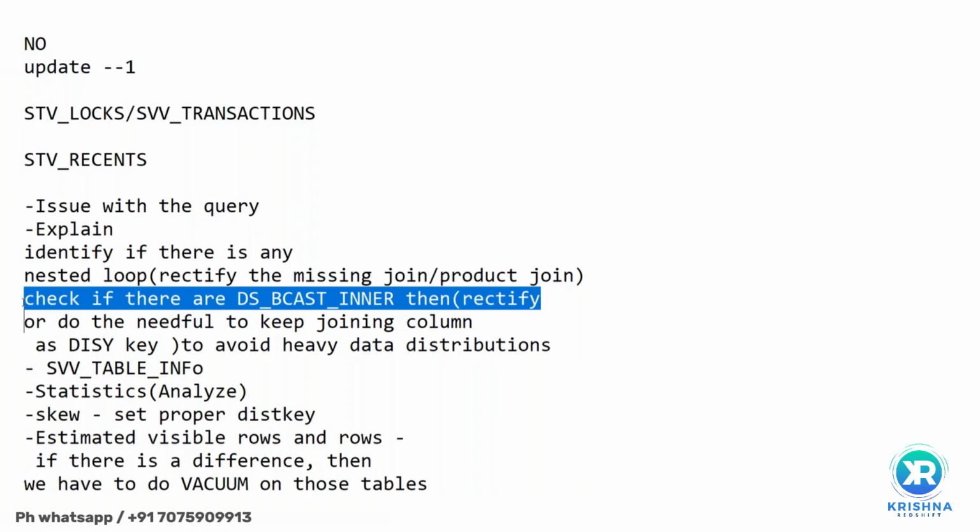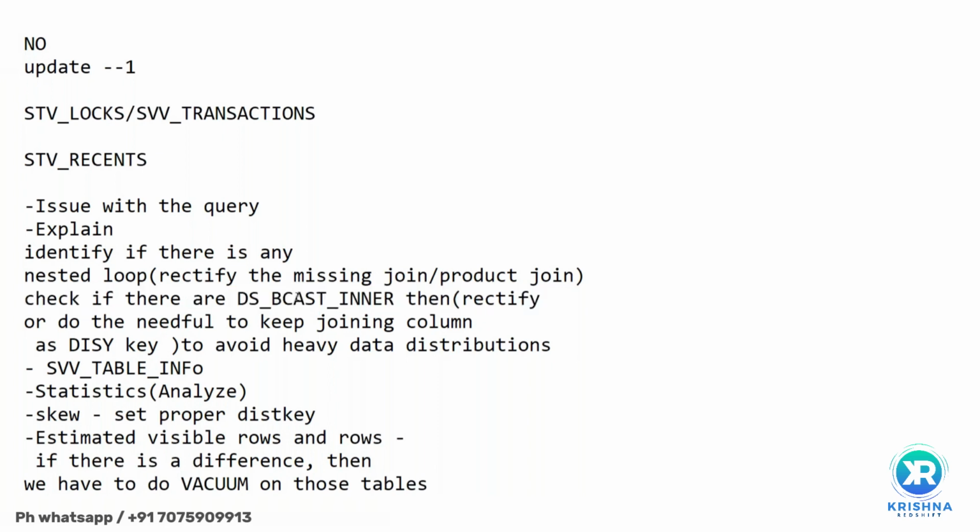It will try to broadcast to all the other slices. So whenever you see a broadcast, you have to look at the joining columns of the tables involved. We can avoid this by keeping the tables' distribution keys the same so that they join within the slice. Same distribution keys, or if one of them is a small table, you can give that small table the distribution style ALL.